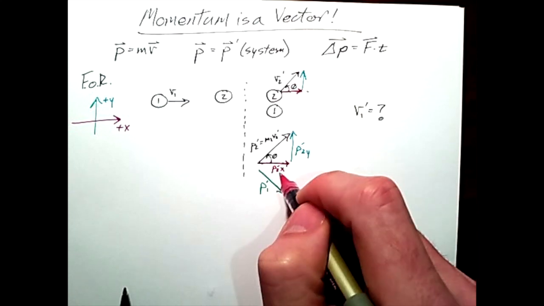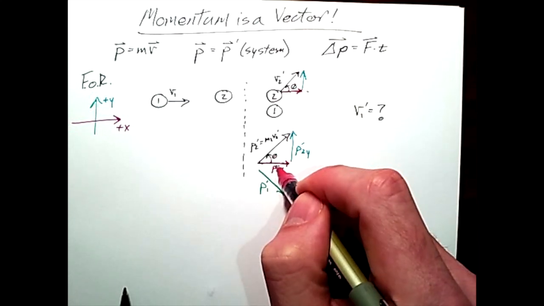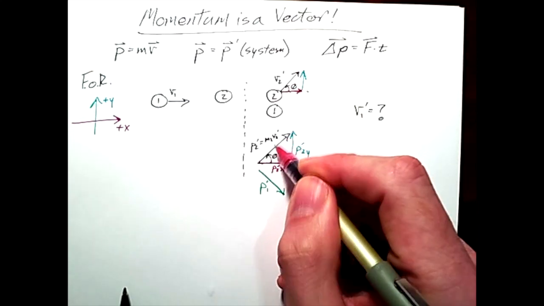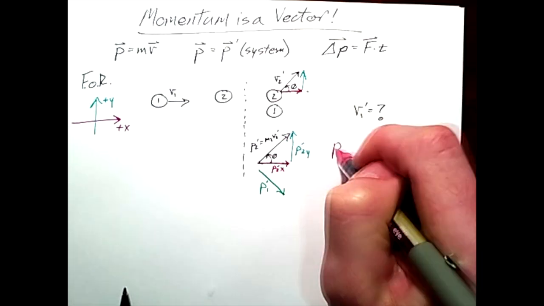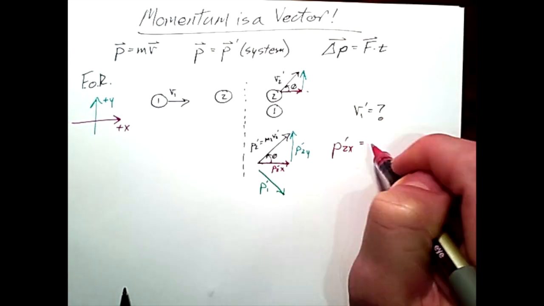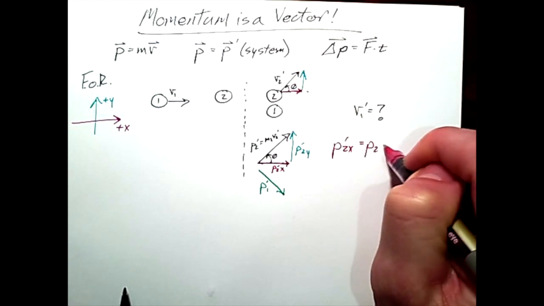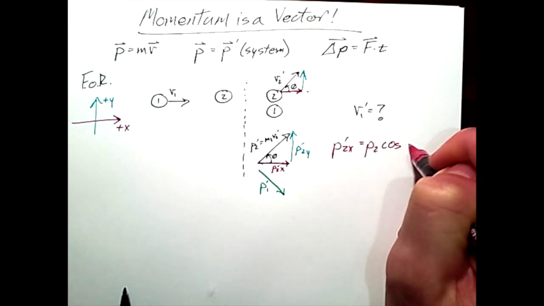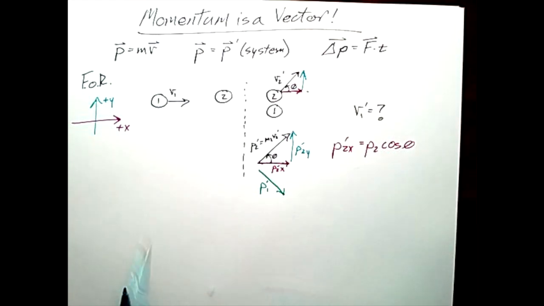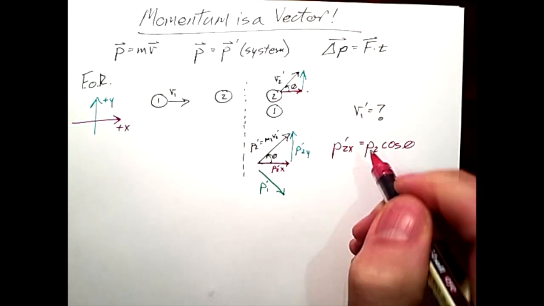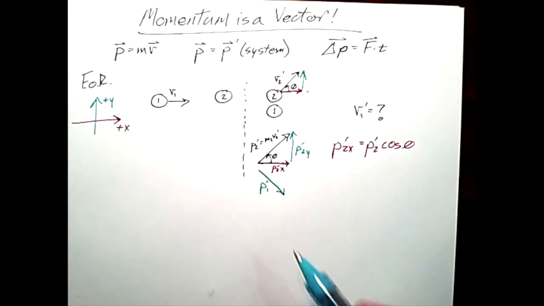In this case, P2x is adjacent to theta, and P2 prime is the hypotenuse, which means that P2x prime is equal to P2 prime times the cosine of theta, of course, because everything is happening on the after side.